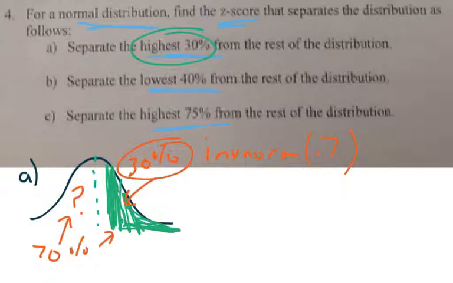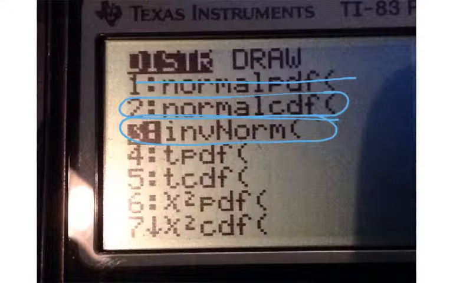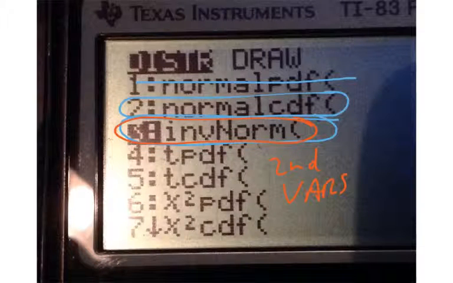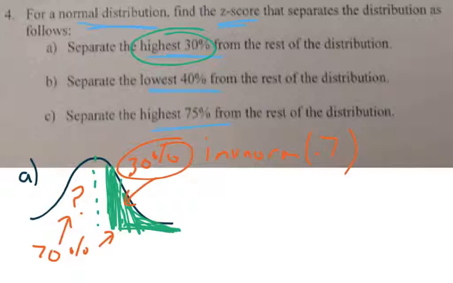Does that make sense? Guys, I want you to try that. Do second vars on your calculator, and that's going to give you this menu. Select choice 3, inverse norm, and put in 0.7. Pause the video and see if you can do inverse norm 0.7.